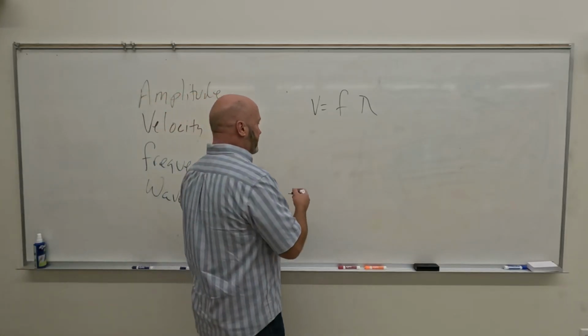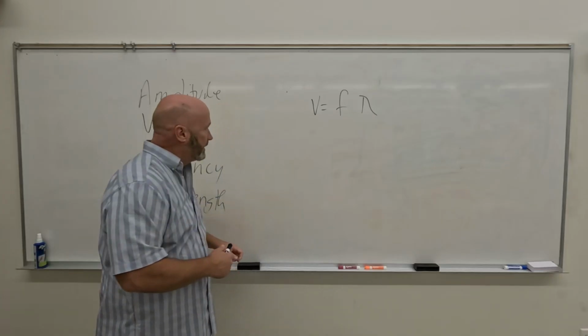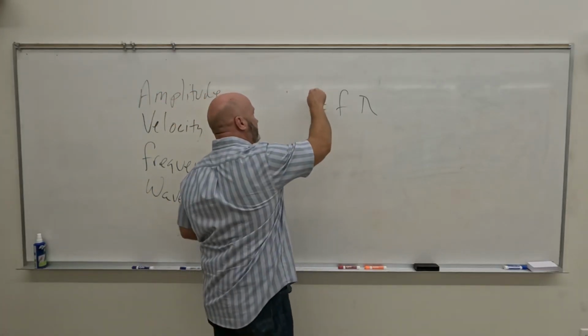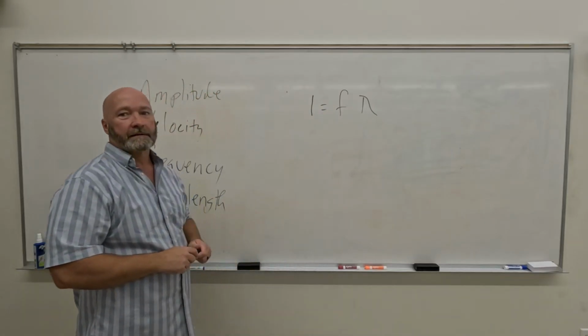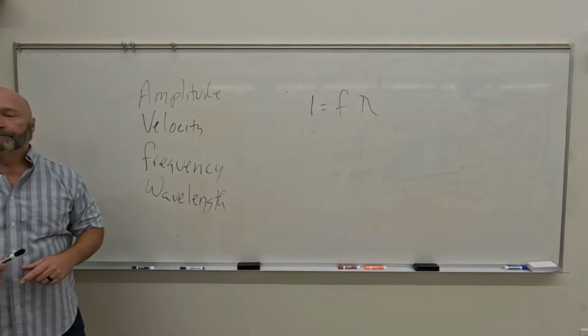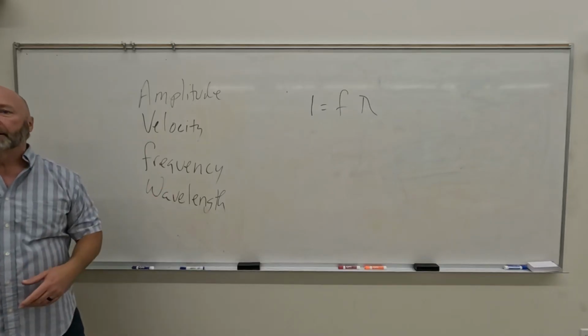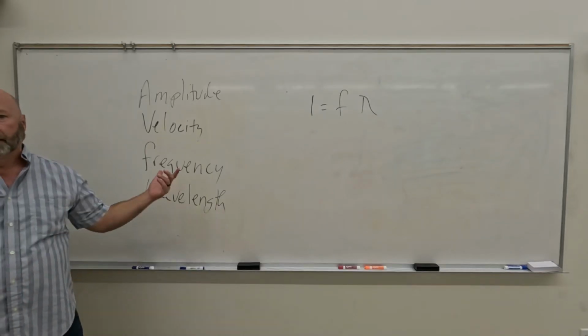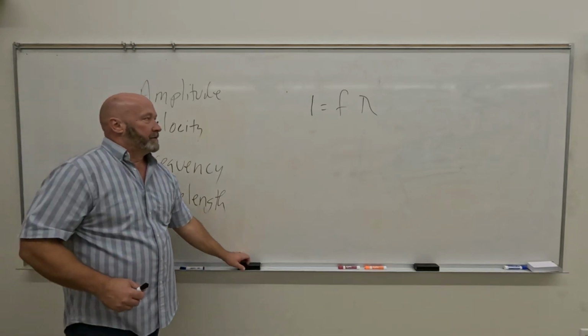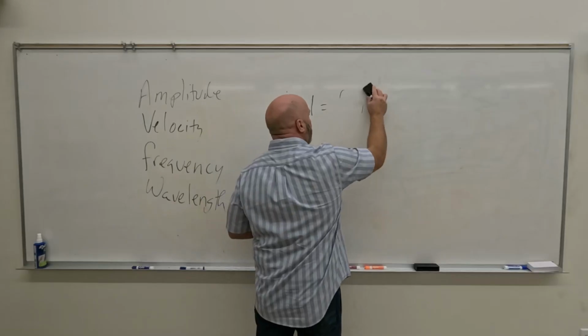So we can substitute that. If the velocity never changes, it's constant, we can just assign it any number and say that's the number it's always going to be, right? Velocity is 1, velocity is 10, velocity is whatever we want to give it. We can assign it a number and say it never changes. So then we just got to deal with frequency and wavelength.